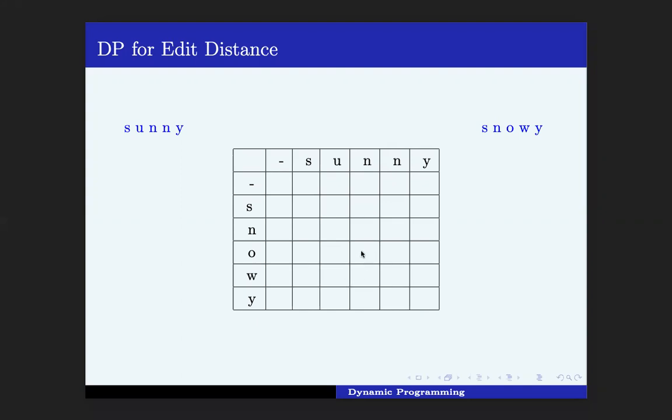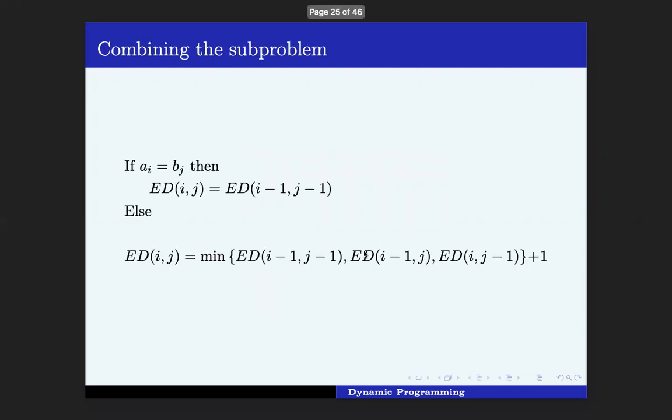Let's look at it this way: ij. Sir, can you please show us the recursion once again? The final recursion.